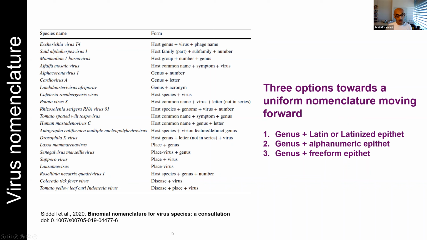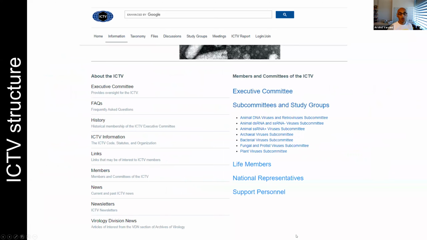And with consultation with the community, it has come out that the community is not in favor of genus coupled with a Latin or Latinized epithet. So basically, it is highly likely that options 2 and 3 are going to move forward. Future species names are going to incorporate this setup, and the ones that are currently classified will have to be revised to conform to this nomenclature.